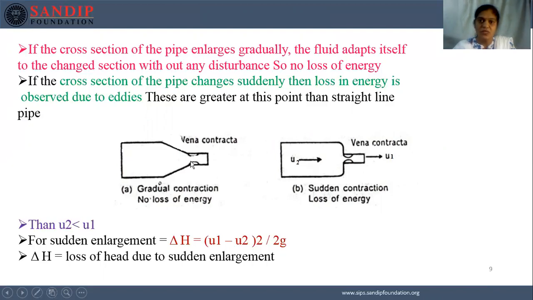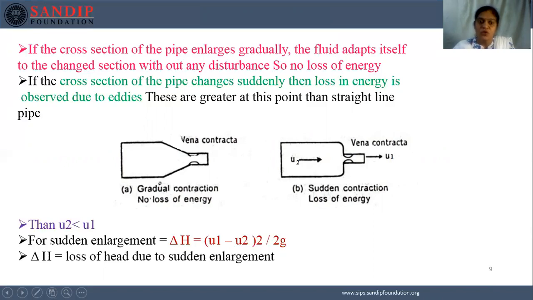So it causes what? No loss of energy. But if the cross section of the pipe changes suddenly, then the losses in energy are observed due to the eddies, and these are greater at this point than in the straight pipe. So from this we can say that U2 is less than U1. So U1 is greater than U2.